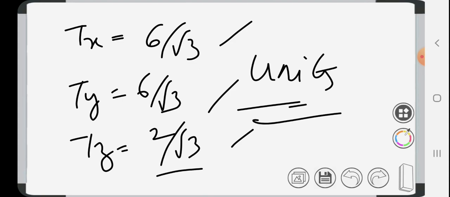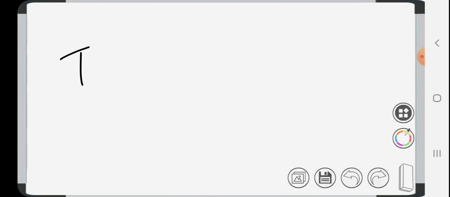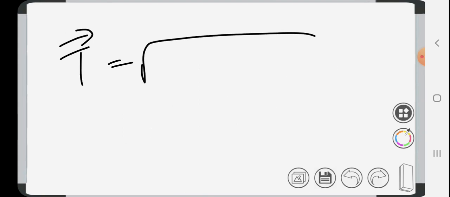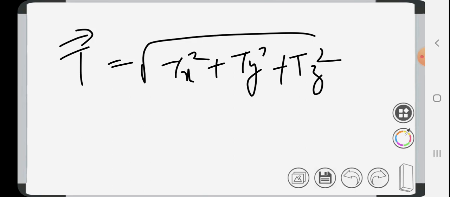So we got the components of the stress vector on that particular arbitrary plane, and what is the resultant? The resultant stress vector will be the root of tx square plus ty square plus tz square, right?